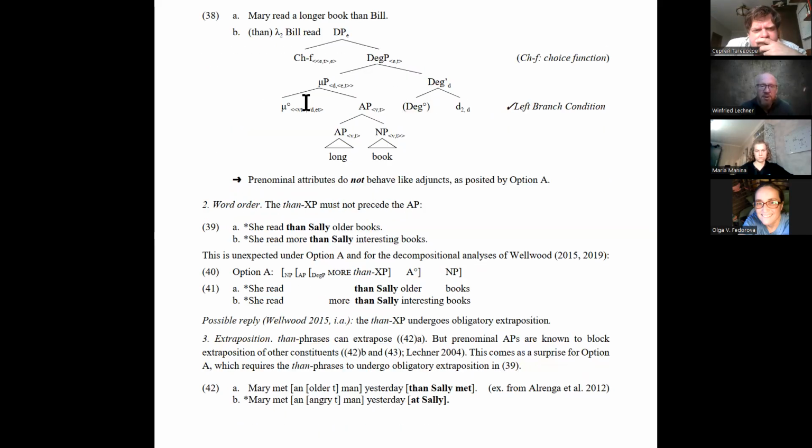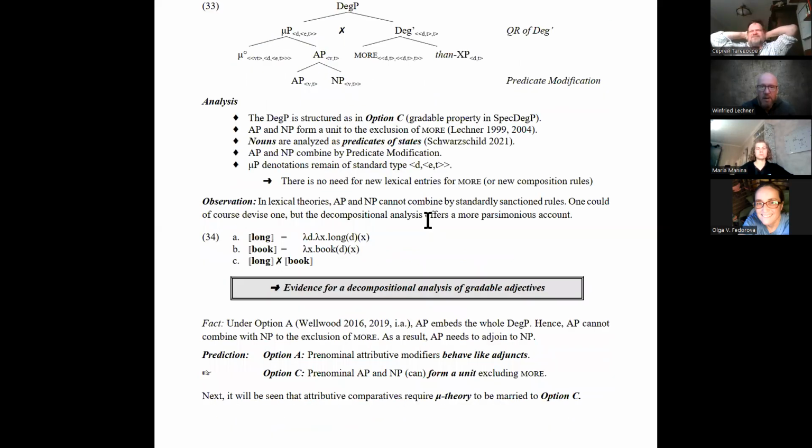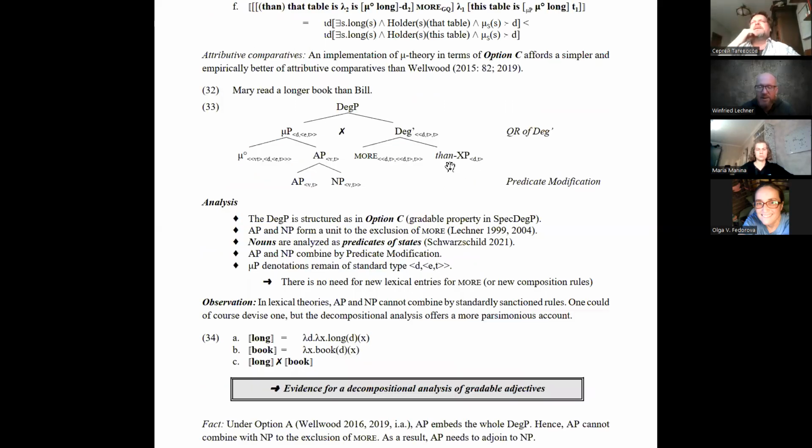So the option of getting word order right by extraposing the bold-marked parts will not work, which means that you need to have a way of parsing the message in its surface position, and that is done by option C, like longer book than Mary.